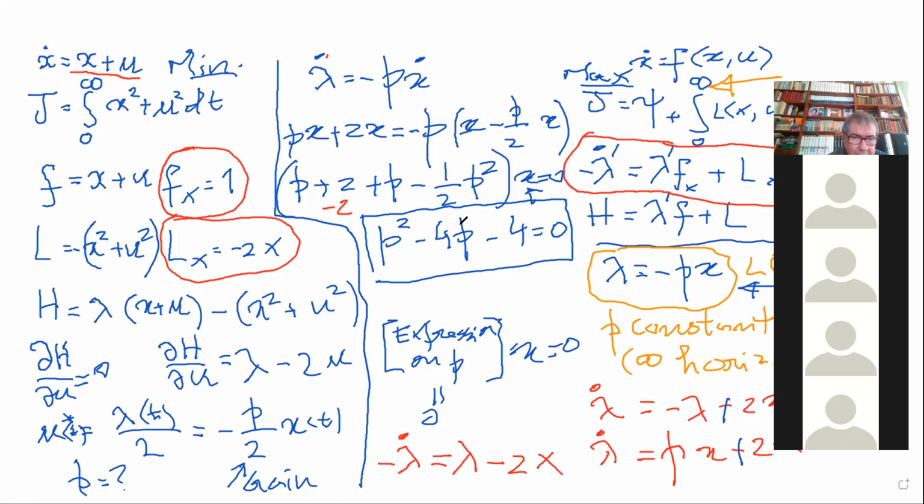So what is p? Solve it. If you compute p, this is our Riccati equation.